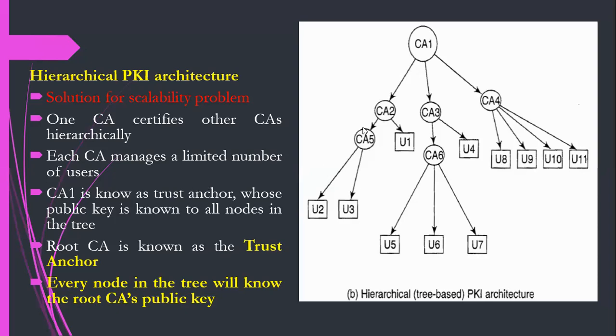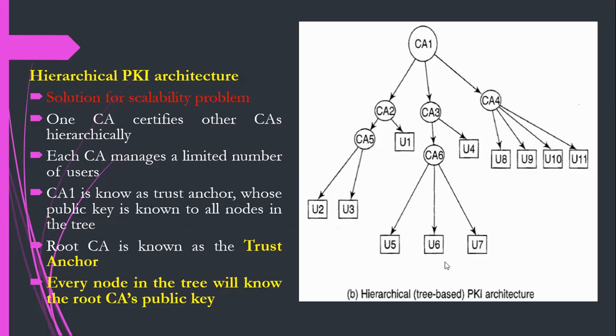Here the very top node, which is CA1, is known as the trust anchor. Hence CA1 is known as the root certification authority. In the next point we have mentioned that the root CA is known as the trust anchor. These words you have to write in the explanation. CA1 is known as the trust anchor whose public key is known to all the nodes in the tree.